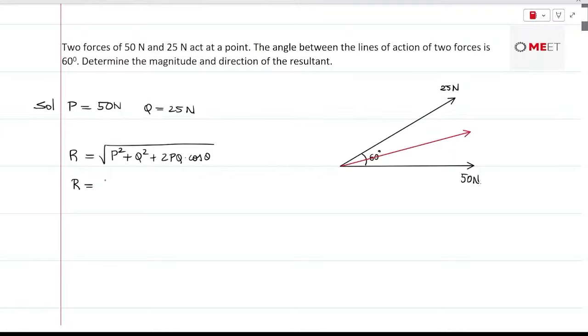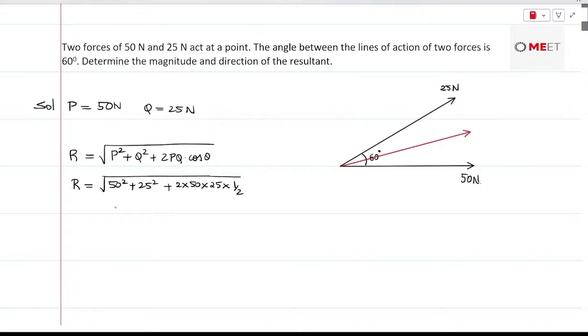So R will be equal to root over 50 square plus 25 square. So 50 square is 2500 and 25 square is 625, and 2 into P is 50 into Q is 25 into cos 60, which is 1 by 2.